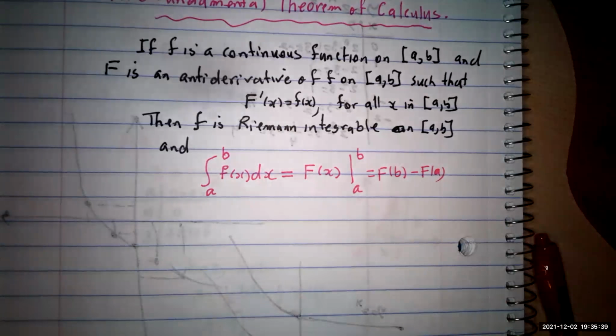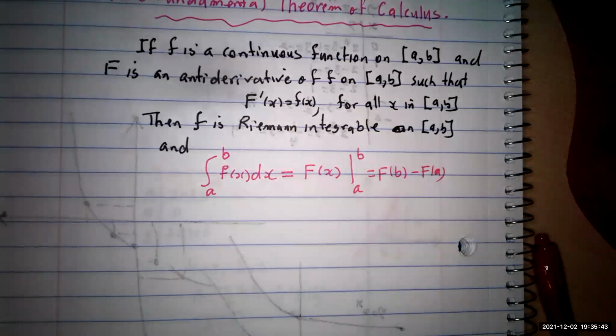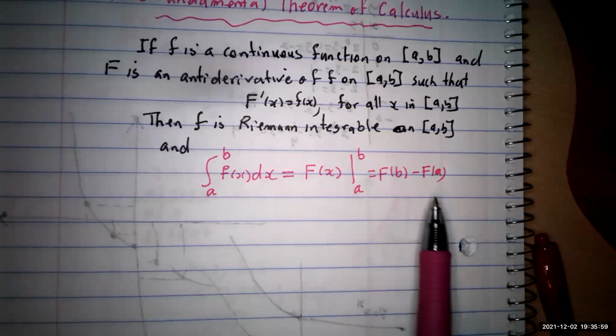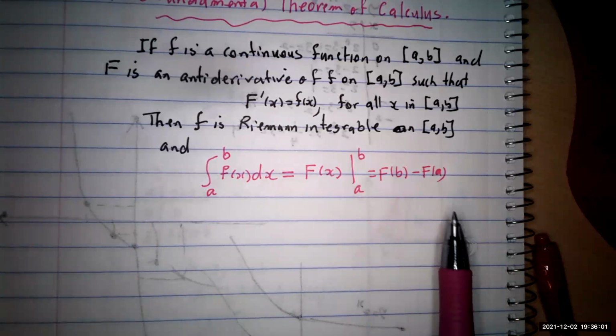So you just use the formulas that we did before, the power rule, the substitution method, whatever it is. You are going to use all the previous methods that can be applied, but at the end, you evaluate it. When you substitute these numbers, the result is going to be just a number. It's not going to be an integral.